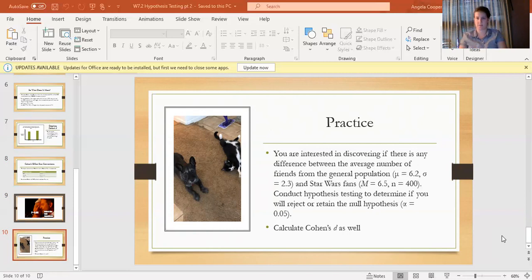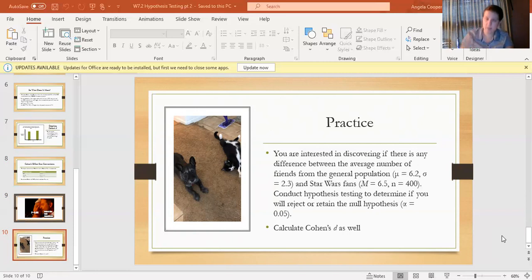Since it's a two-tailed test, when we find our p-value in the z table, we're going to multiply the value we find in column C for the z statistic from the next step by 2. Two-tailed test, you multiply by 2 at the end.